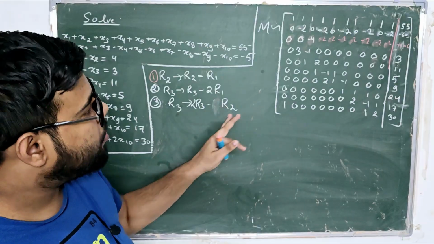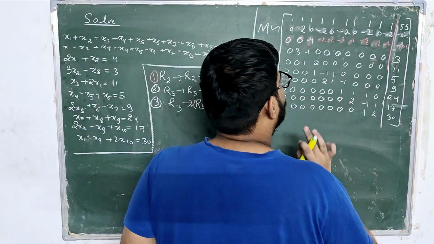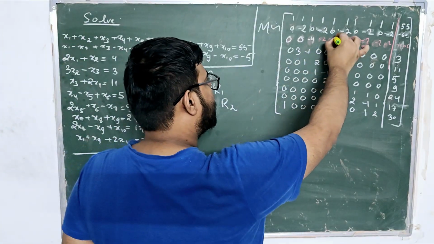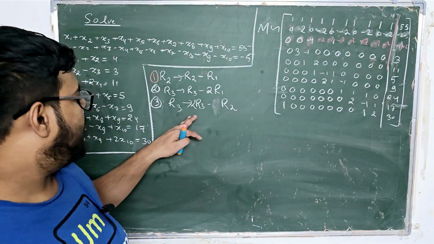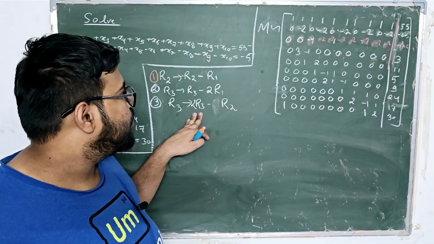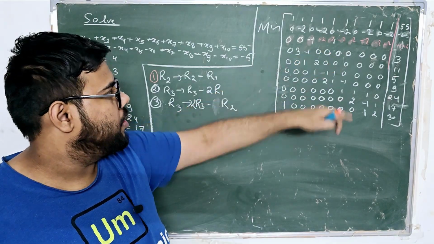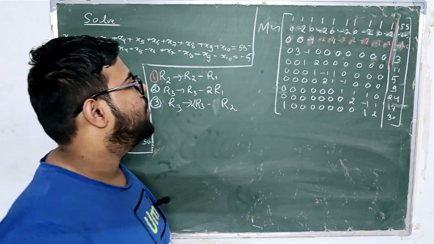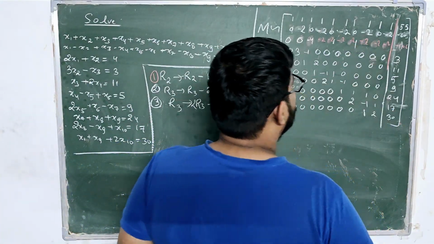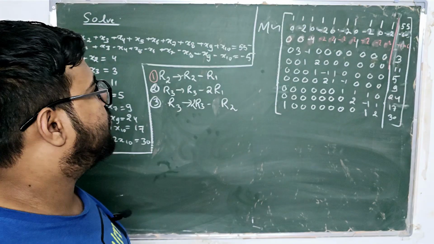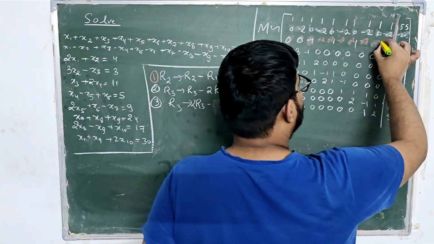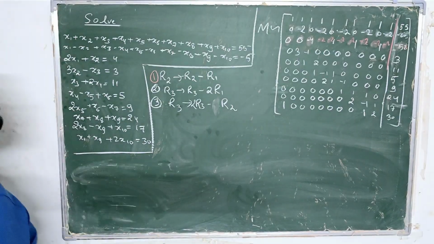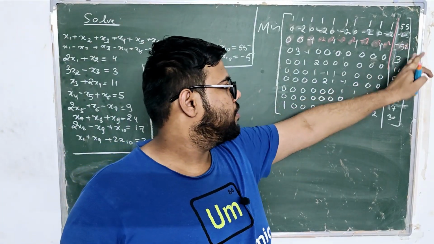Negative 4 minus minus 2, it will become positive, it will become again negative 2. And this will be negative 4, negative 4, and this will be again negative 2 only, this will be negative 4, and this will be negative 2 only, and this will be again negative 4. And now we have 2 times this, so this is negative 152, right?